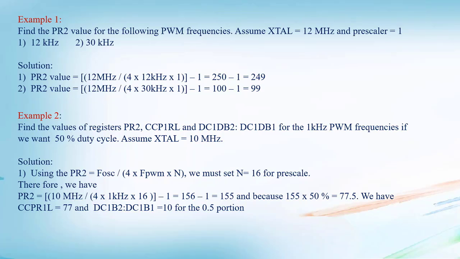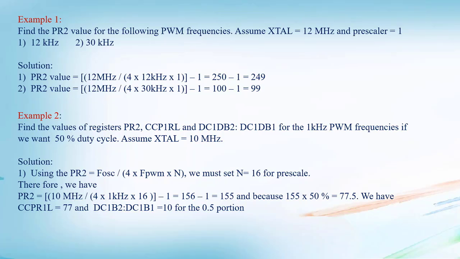Example 1. Find the PR2 value for the following PWM frequencies. Assume XTAL equals 12 MHz and prescaler equals 1. We have to calculate the PR2 for the frequencies 12 kHz and 30 kHz.